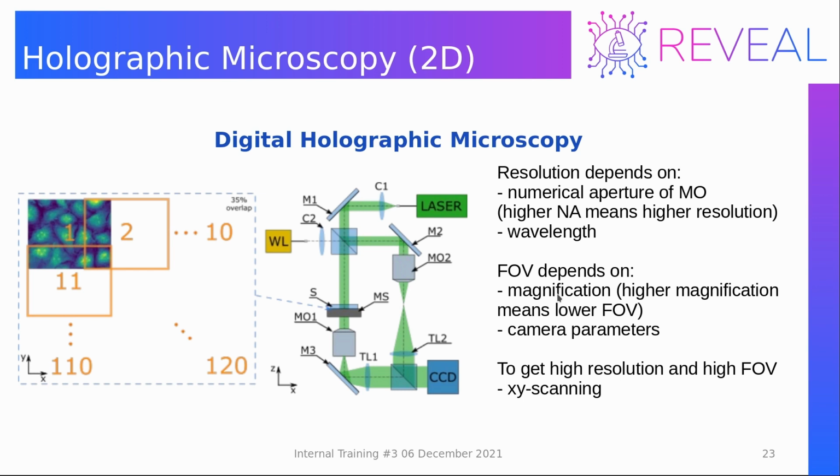Or the other solution, and this is what we do in our systems, is you can use a high numerical aperture objective, capture one image and then use a motorized stage on which you put your sample, and you move your motorized stage and capture another image, then you move your motorized stage, you capture another image, and so on. You capture a big field of view with high resolution in each sub-image.